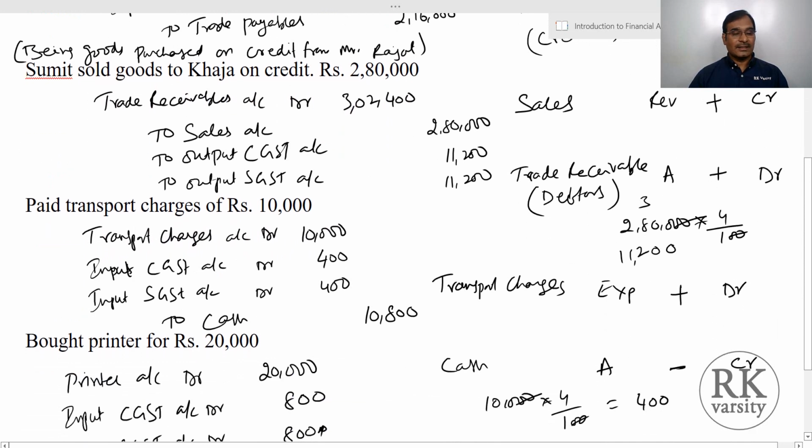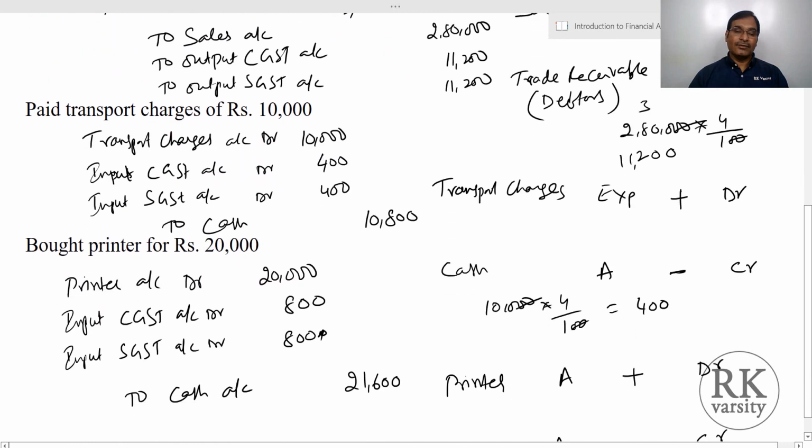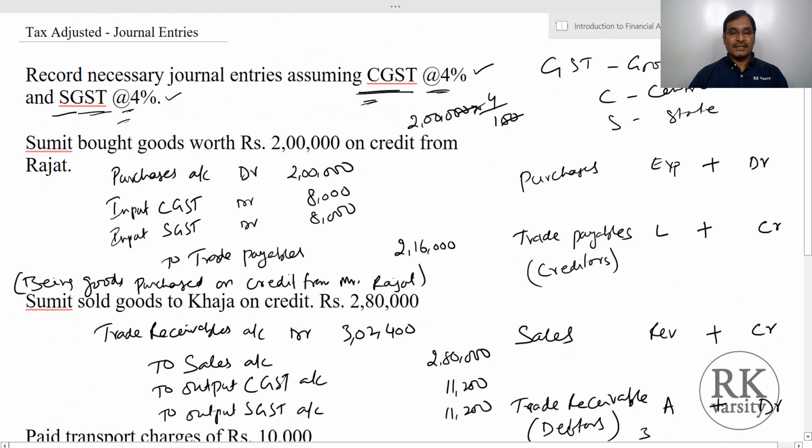For expenses and assets, input GST. And on the other hand, if you have income received in the form of interest, commission and so on, then you will have an output CGST. So this is related to the tax adjusted journal entries.